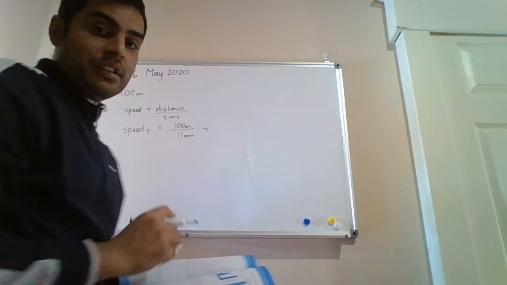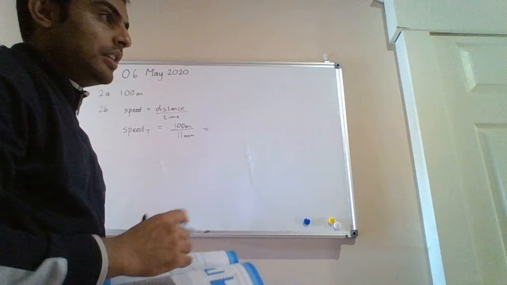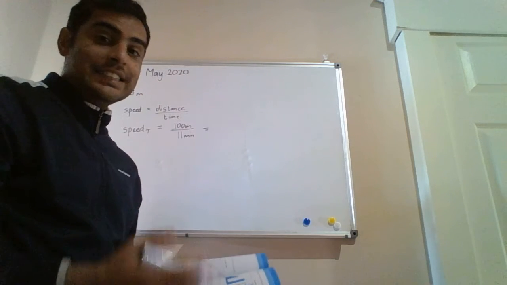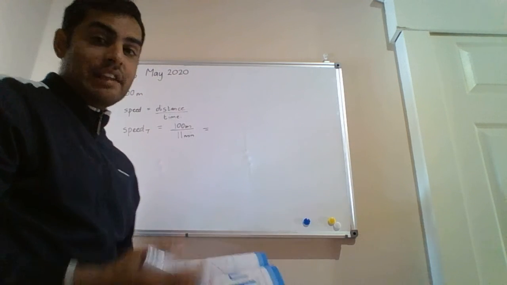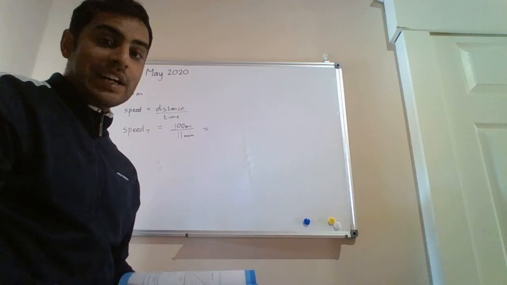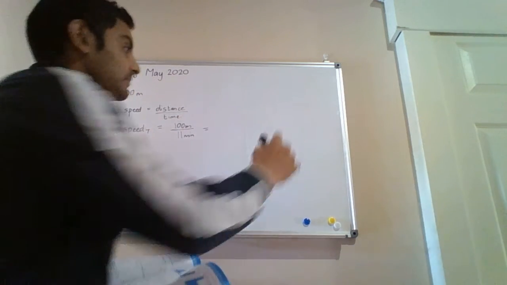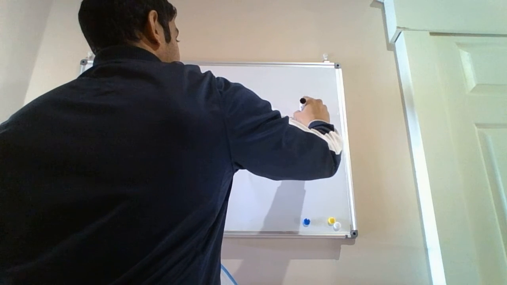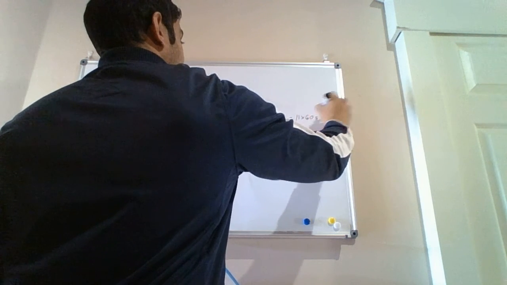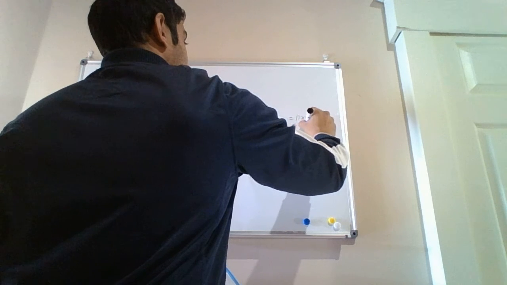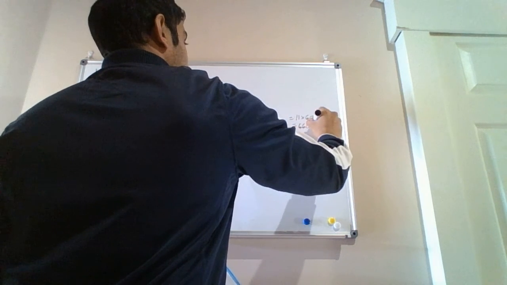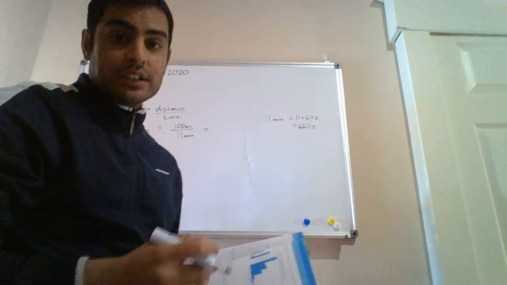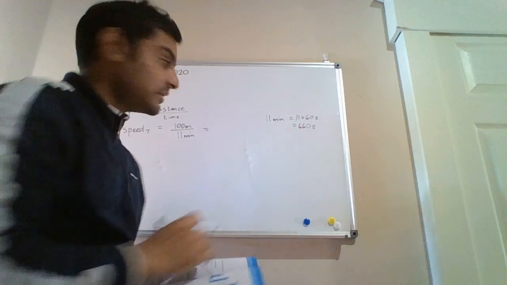So converting minutes to seconds. In every minute there are 60 seconds. So in 11 minutes it's going to be 11 times 60 seconds. And that works out to 660 seconds.